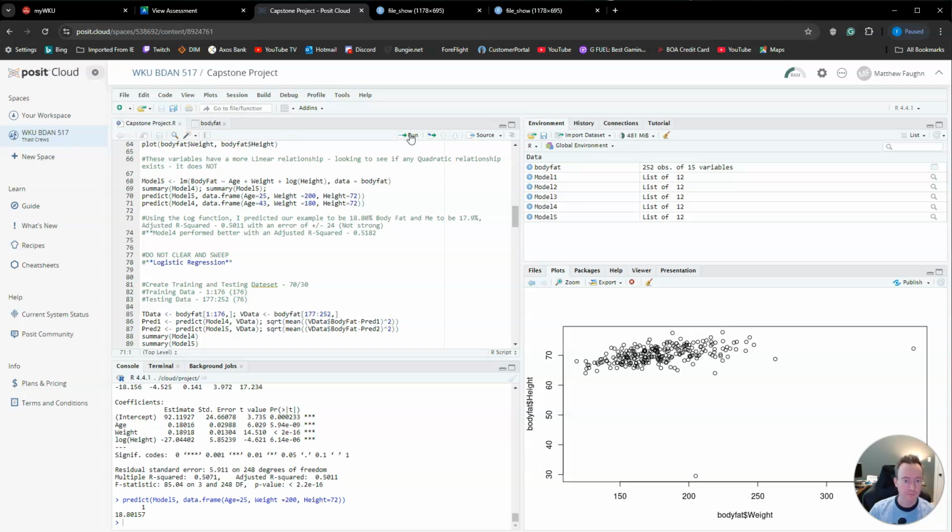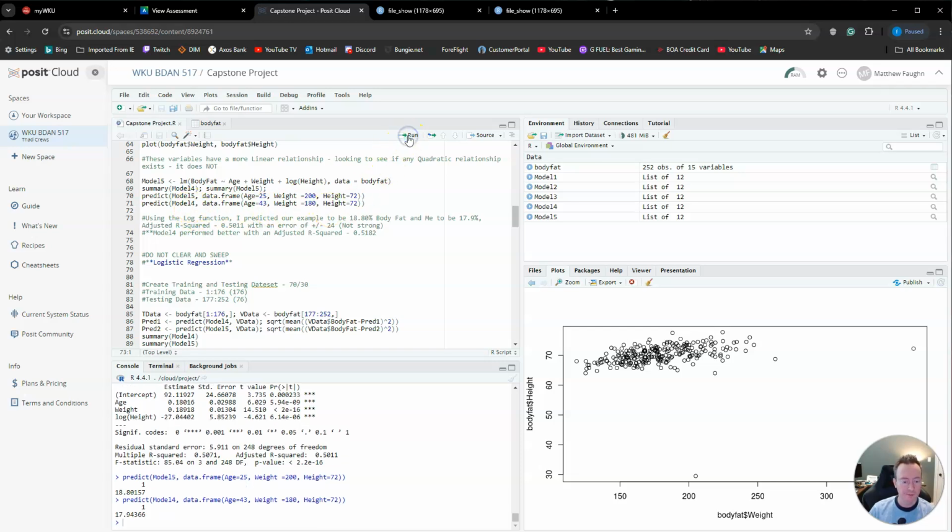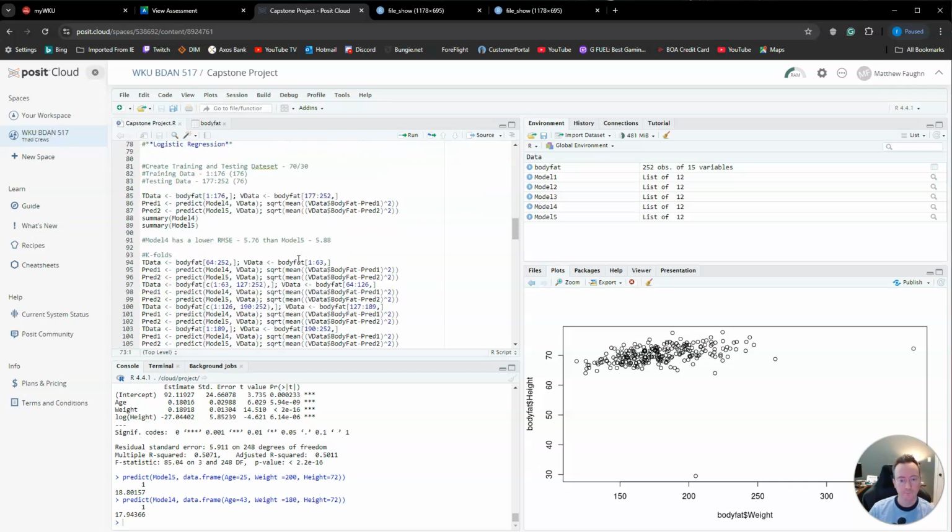And then running model 4 off of that for me comes to be 17.9. So again, not great. Model 4 continues to perform the best of these two. We could run dozens of different models to see if we could find others, but of what I saw, Model 4 performed the best.